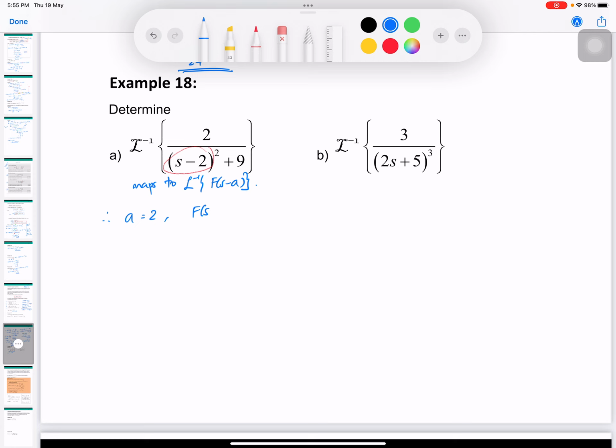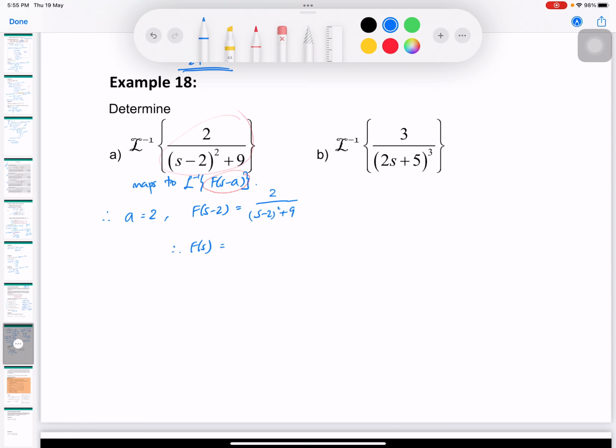f of s minus 2. We're comparing this with this whole thing, 2 over s minus 2 squared plus 9. So in that case, what is f of s? s squared plus 9. Okay, this is like one thing.